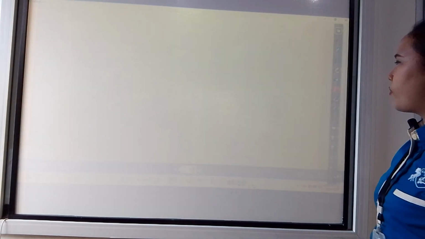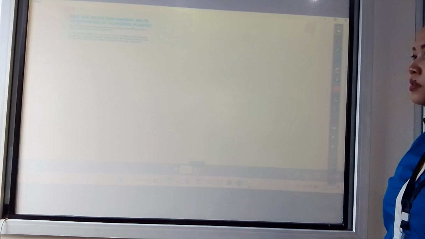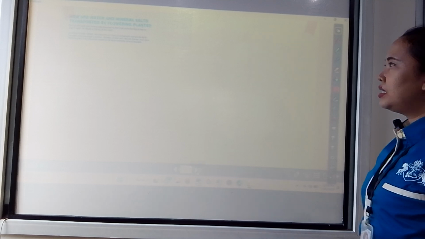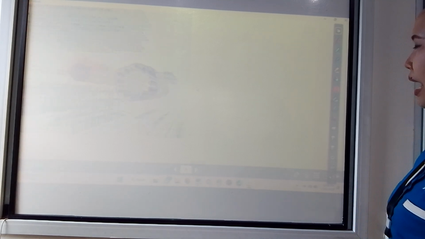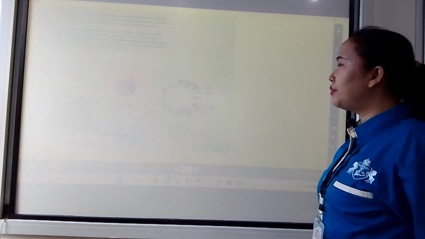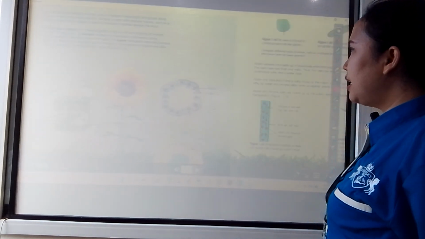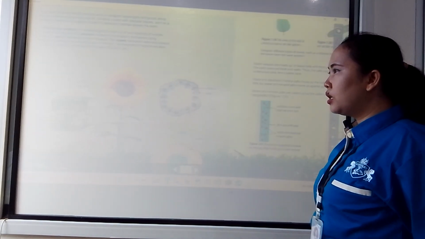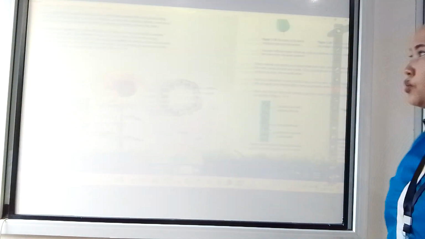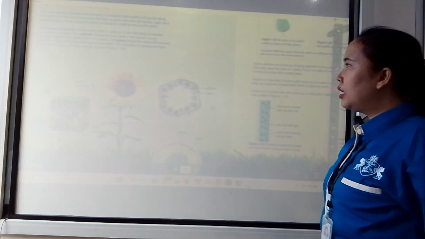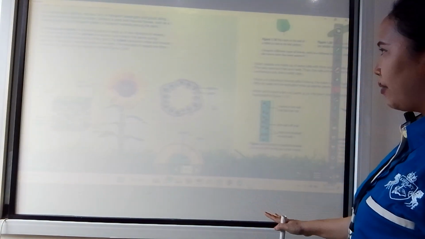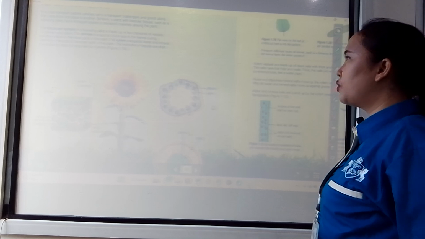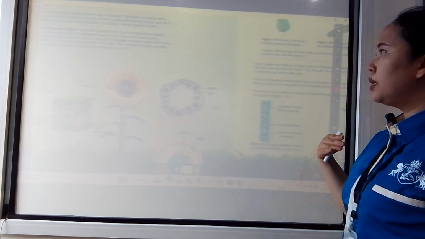Can you explain what is the difference between these two? Xylem and phloem have their own functions. The xylem transports water and mineral salts to the plants, while the phloem has the function to transport food to the plants.